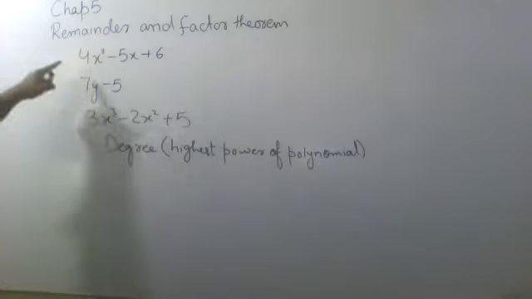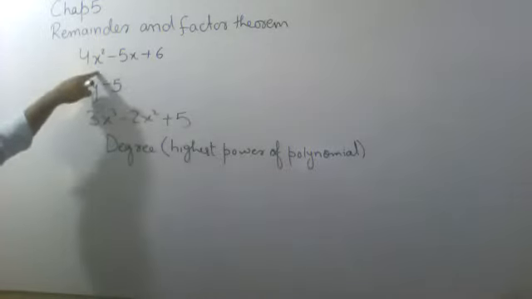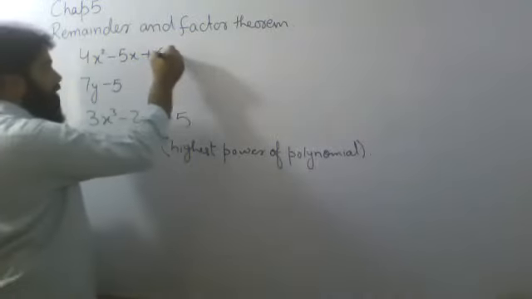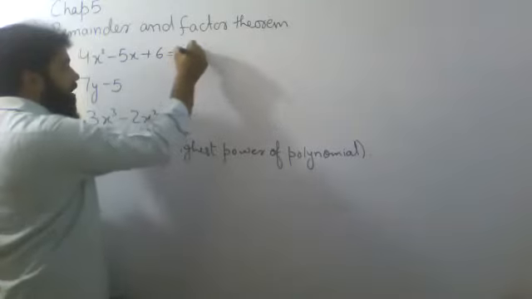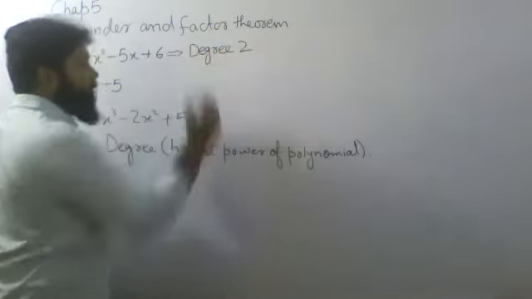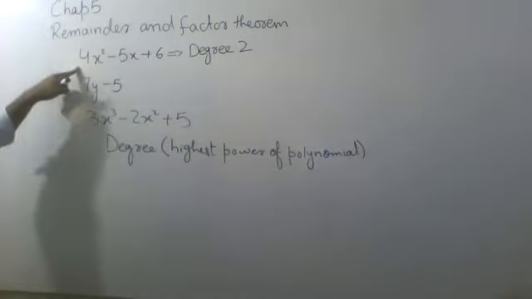So, what is the highest power over here? The highest power is 2. It means that this polynomial is of degree 2, or the degree of this polynomial is 2.